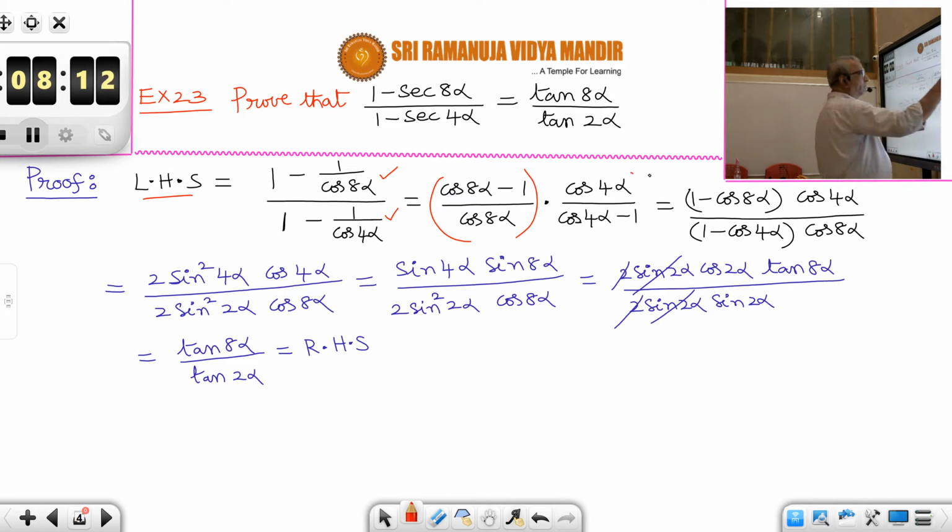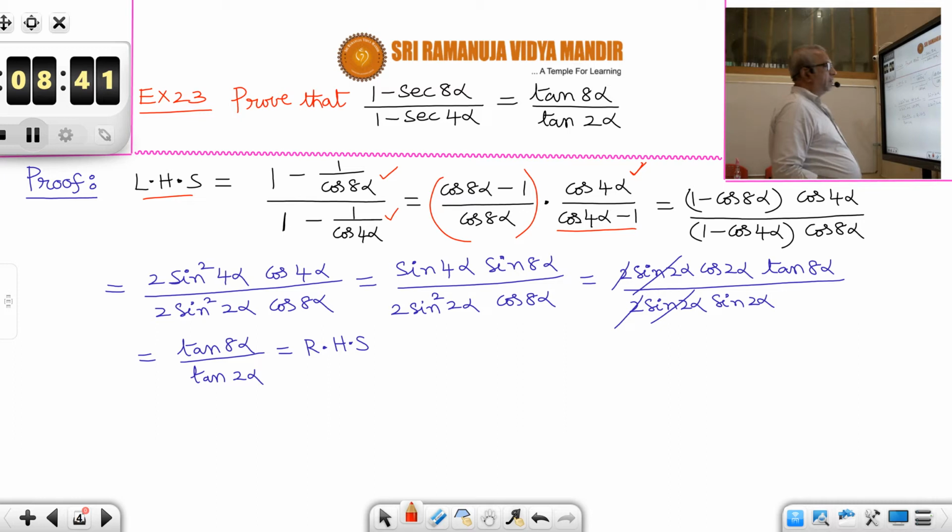So cos 4 alpha goes up, we get cos 4 alpha minus 1. Denominator is cos 4 alpha minus 1 by cos 4 alpha. So cos 4 alpha goes up. I will get cos 4 alpha minus 1. Okay.